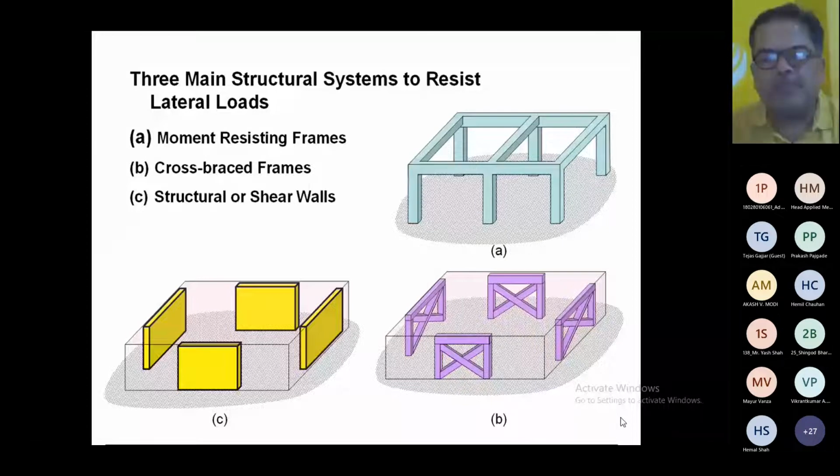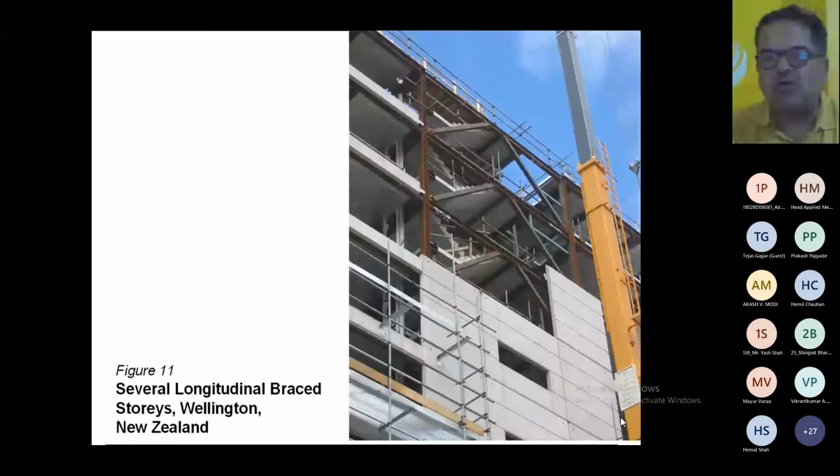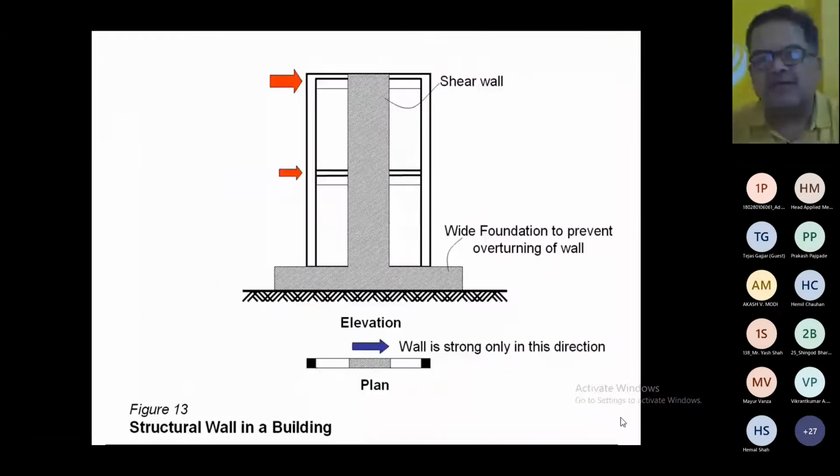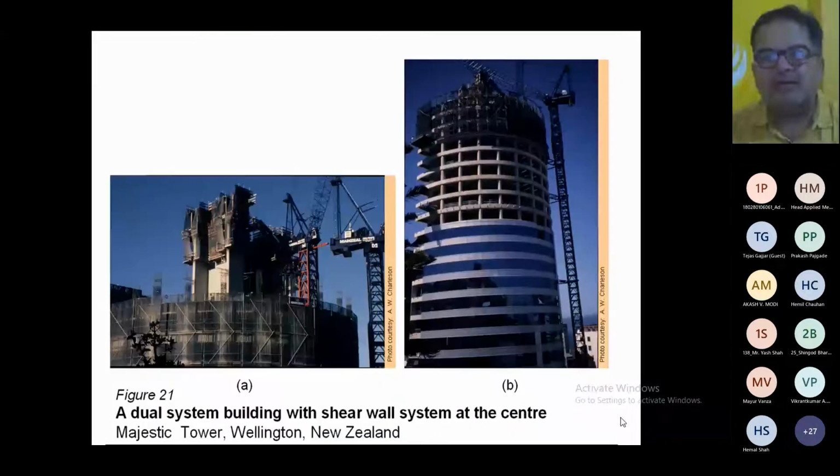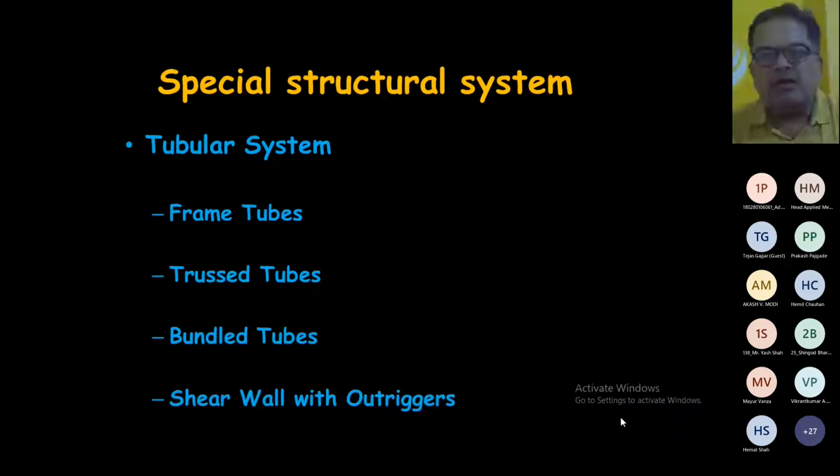So we have a moment resisting frame, we have a braced frame, and we have structural walls. We saw this in the last lecture. This is a basic system, shear wall construction, and this is a dual system. We have some advanced systems also for tall structures.